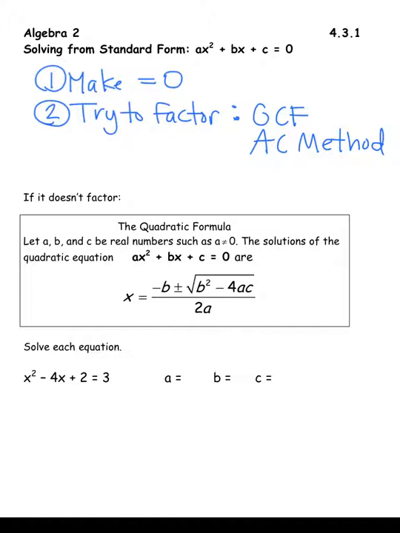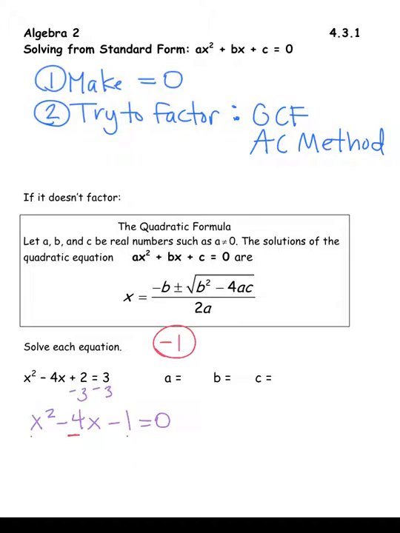So, in this first example down here, my first job is going to be to subtract 3 and place it under the like term on the other side. So I'll have x squared minus 4x minus 1 equals 0. If I try to use the AC method, that's going to be 1 times negative 1, so I'd be looking for things that multiply to negative 1 that add up to negative 4.